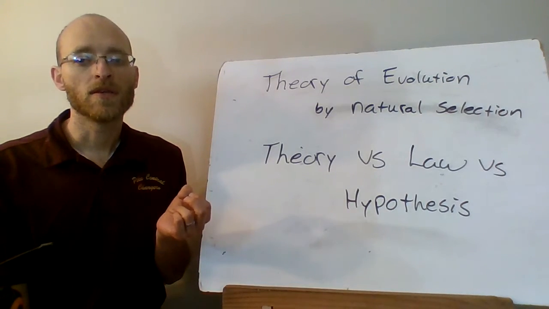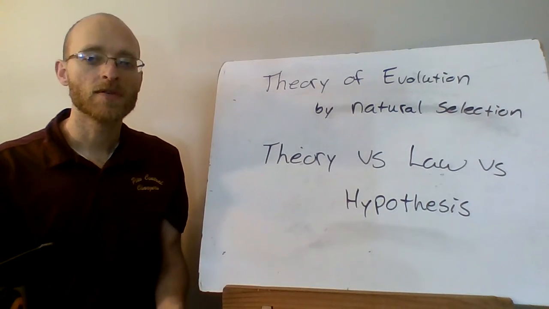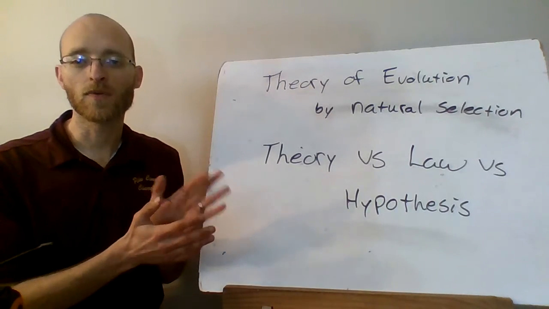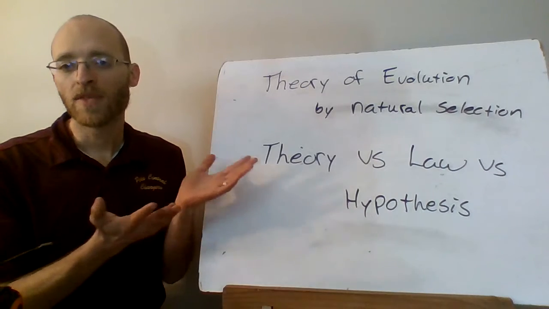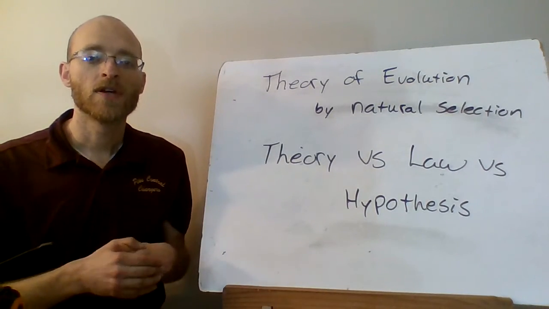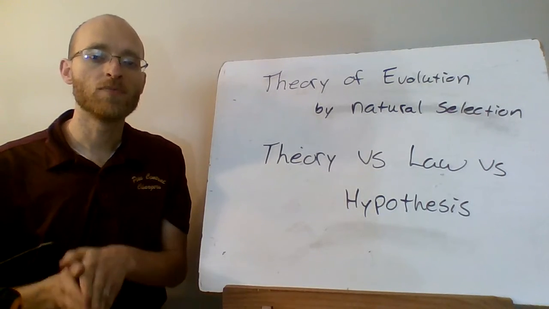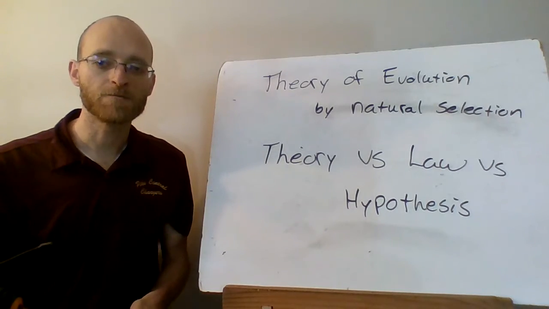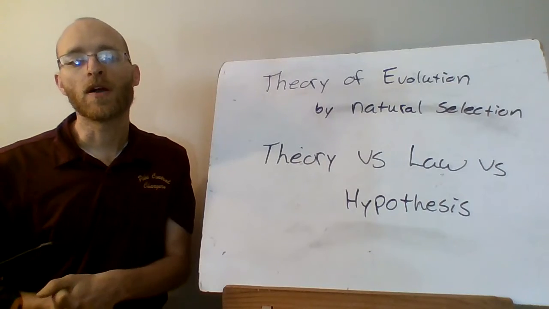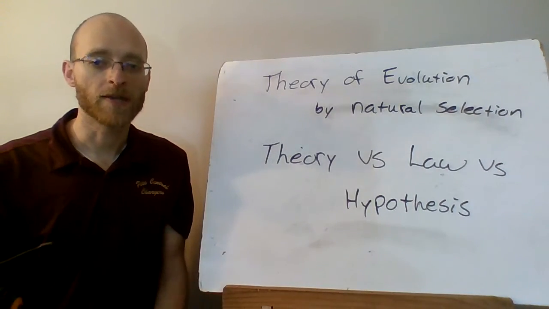And the other key thing about a theory is that as we gather more evidence, if the theory is good, if it's the correct explanation, then as we gain more evidence, more observations, those other observations should also be explained by the theory. Or the theory should make predictions about other observations that we should be able to make.